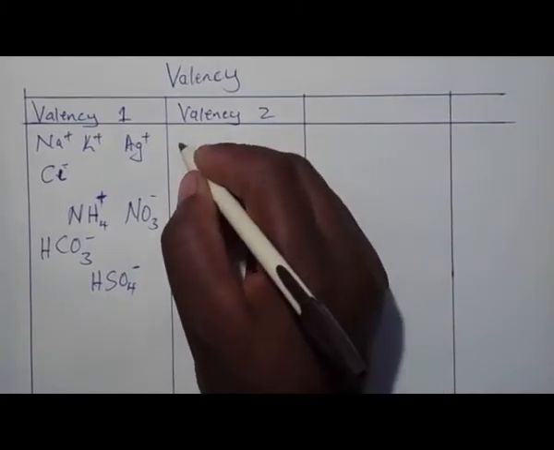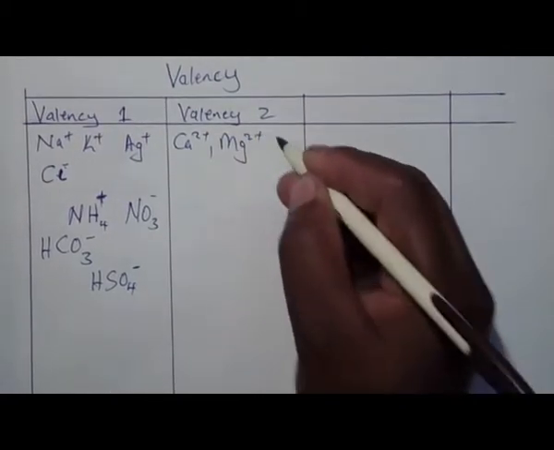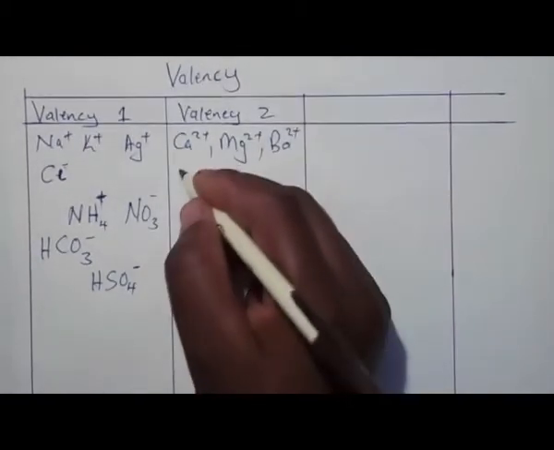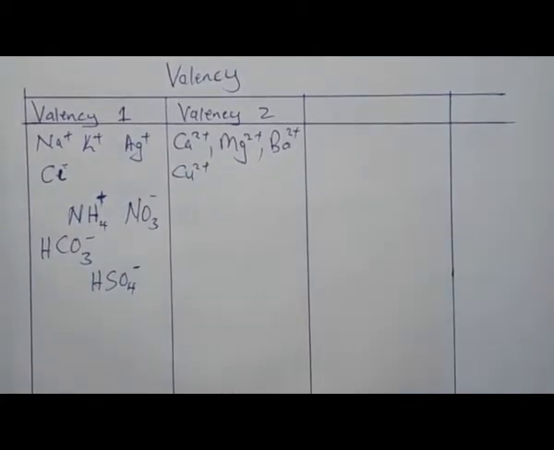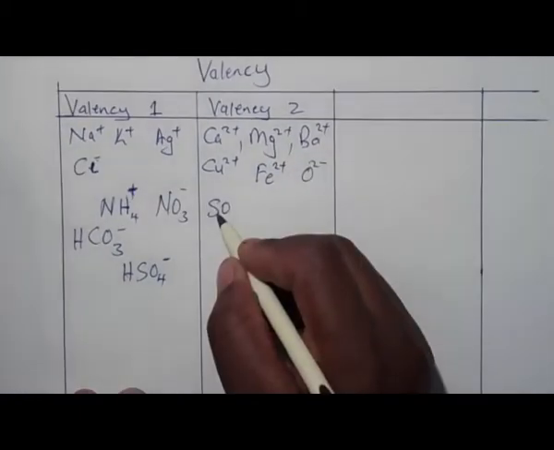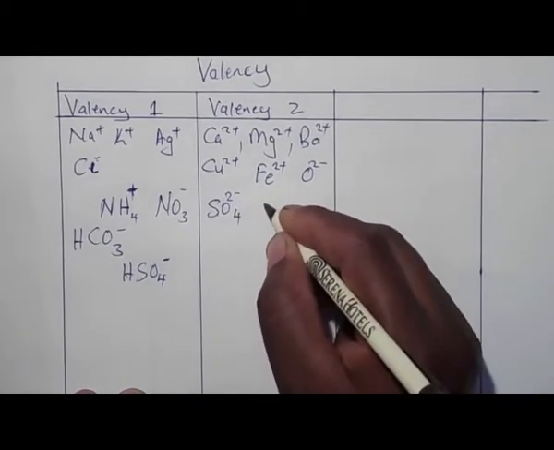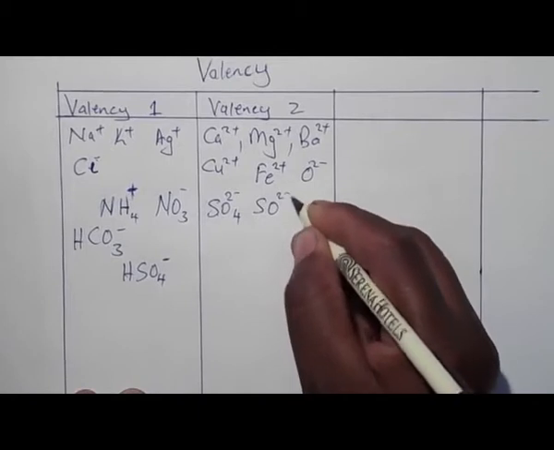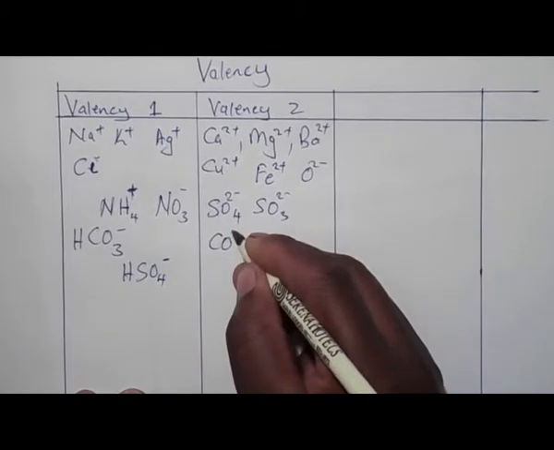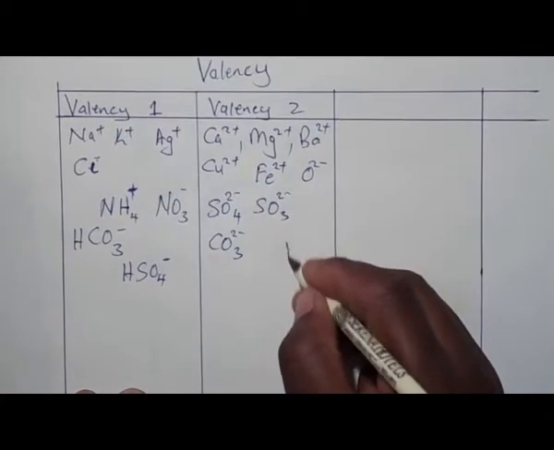Now, we have calcium, we have magnesium, we have barium, we have copper, we have iron, we have iron 2, we have sulfate ion, we have sulfite ion, we have carbonate, and also we have lead.